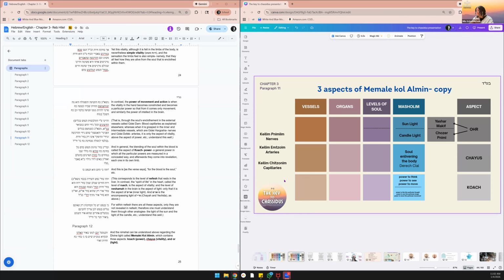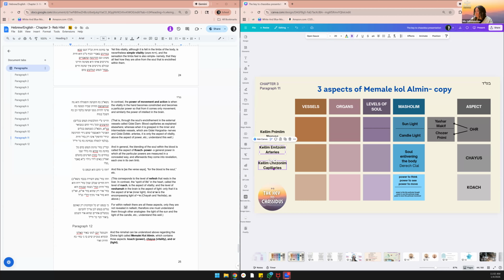We also have those little strings that make my hands move, that are being pulled right here. These are also gidim. So now they go into three categories: kelim pnimi, kelim emtsayim, and kelim hitzayim.